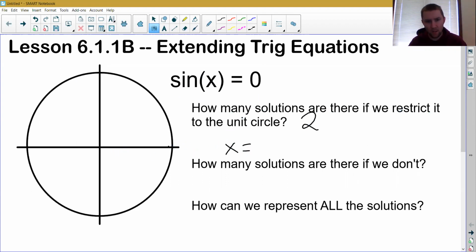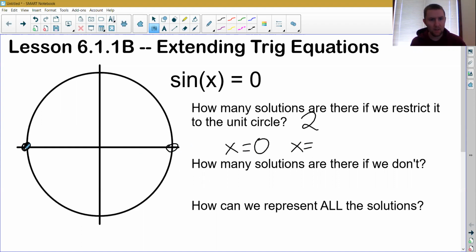Well, one of them is right here, and we have to talk a little bit about this one, because technically on our unit circle, you have that labeled in 2 different ways. It's 0 and it's also 2 pi. But for our purposes right now, we consider 2 pi to be the start of the next time around the unit circle, so we're going to use x equals 0. The other option is over this direction.